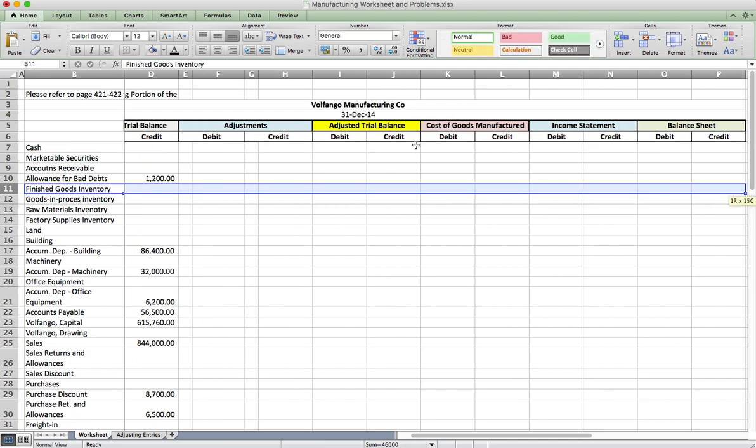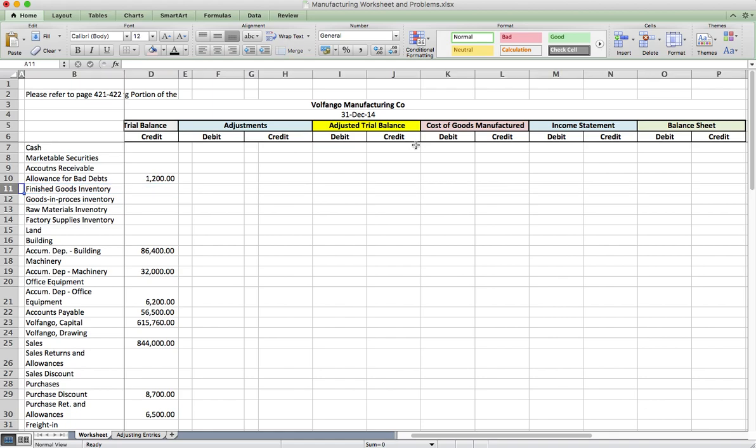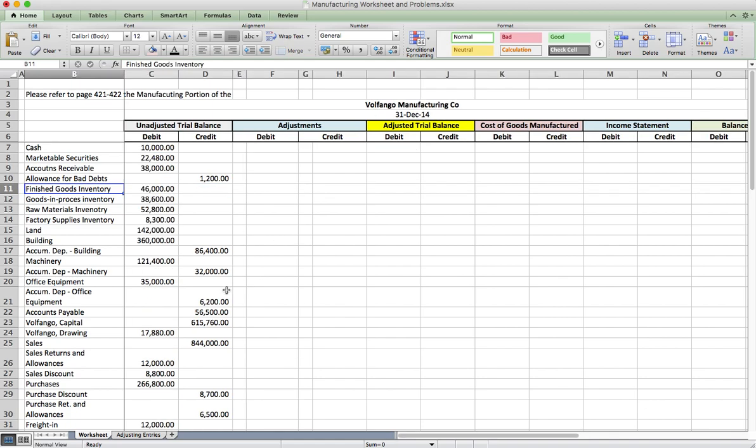Okay? Parang dun sa raw materials inventory. In-extend mo directly si merchandise inventory pala, sorry. Parang dun sa merchandising business, ang dinidirect extend mo si merchandise inventory. Here, si finished goods inventory.